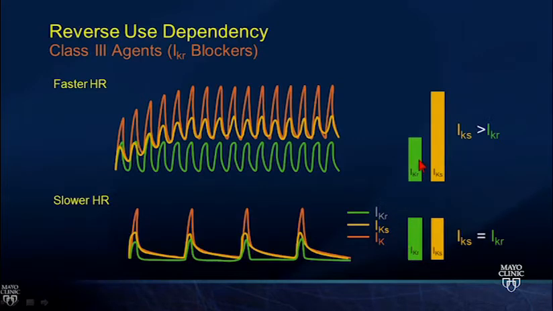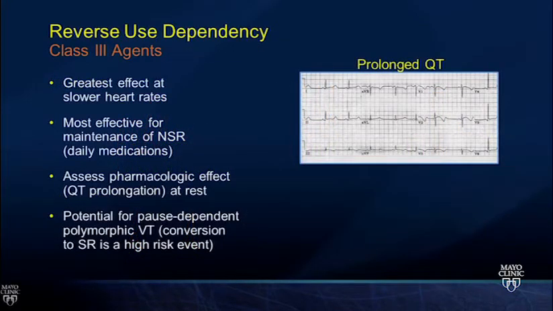When the patients are tachycardic, IKs predominates, so if we give an IKr blocker, it has minimal effect on the rhythm. Now, this is a tracing where the patient has abnormal repolarization. The T wave is abnormal, and the potassium channel blockers are good for maintaining normal rhythm, but not for conversion.